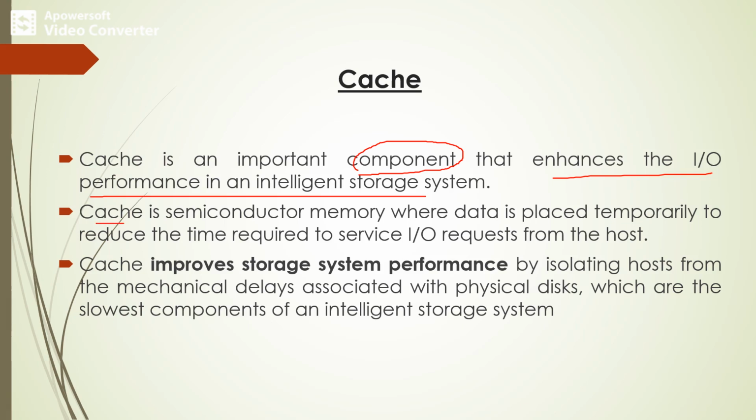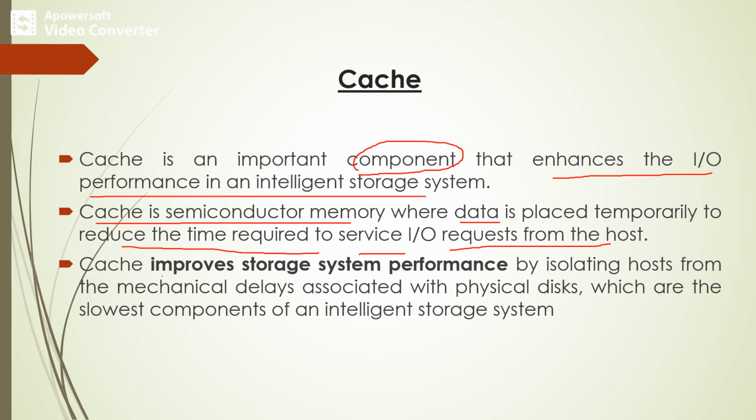The cache is semiconductor memory where data is placed temporarily in order to reduce the time required to service I/O requests from the host. So we can store the data temporarily so that we can reduce the amount of time required to perform the I/O request. Those I/O requests are always placed by the host.